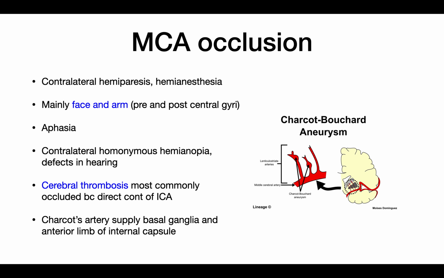The cerebral thrombosis is most common here because it's a direct continuation of the internal carotid artery. Another common place is Charcot's artery, which supplies the basal ganglia and the anterior limb of the internal capsule. So it's due to these tiny little aneurysms of the Charcot-Bouchard, like veins, or the lenticulostriate arteries.